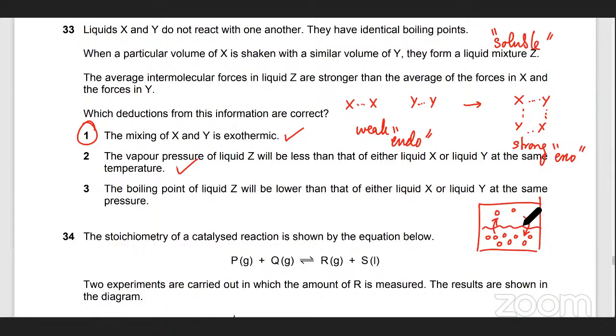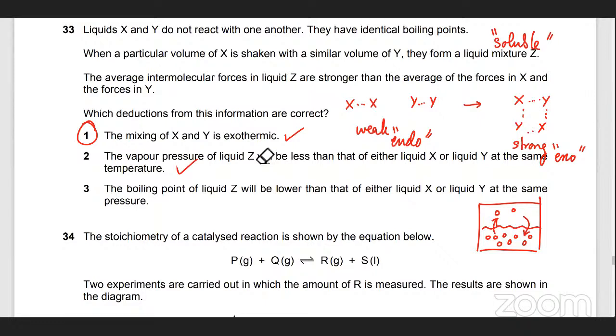Now, if they're exerting a pressure in the container, when do you have more vapors? You have more vapors if the intermolecular forces are weak. If the intermolecular forces are weak, more gaseous vapors are going to be produced, and the vapor pressure that would be exerted is going to be larger as well. But since he's saying that liquid Z has stronger intermolecular forces, then the chances of vapors forming are going to be a lot lesser.